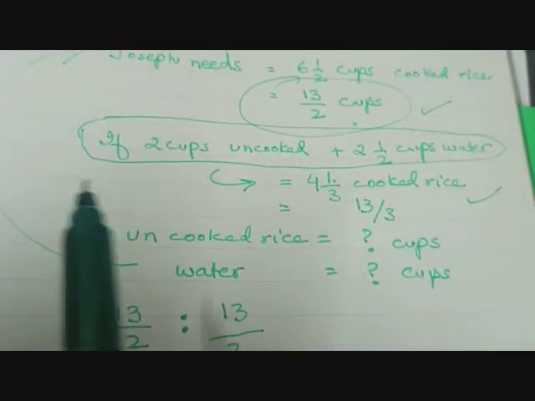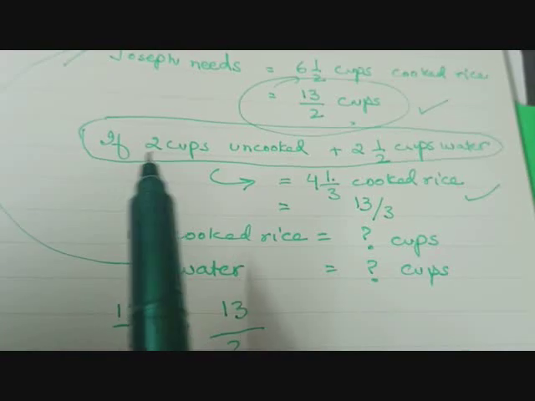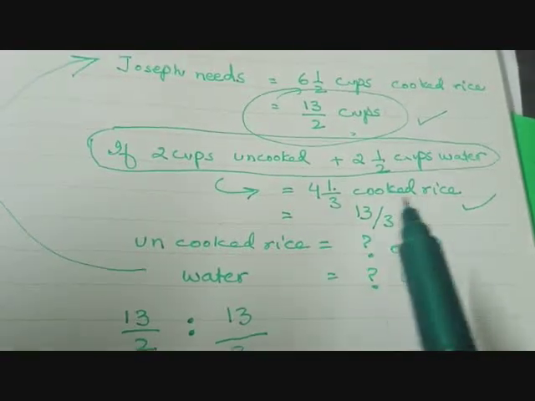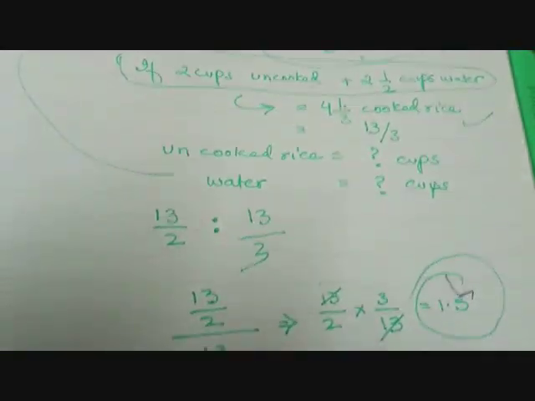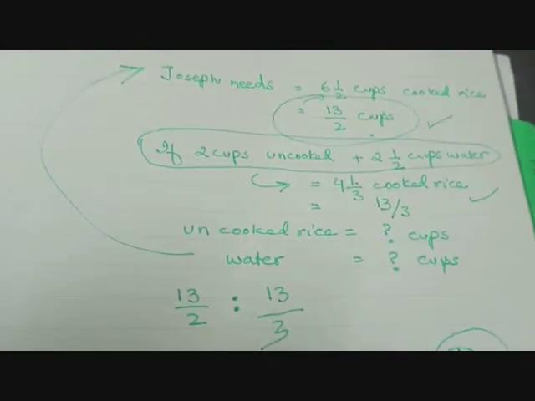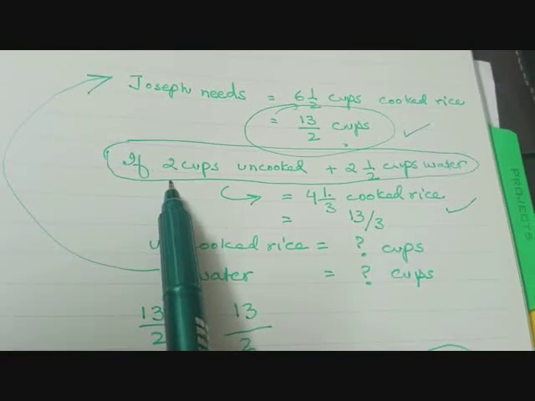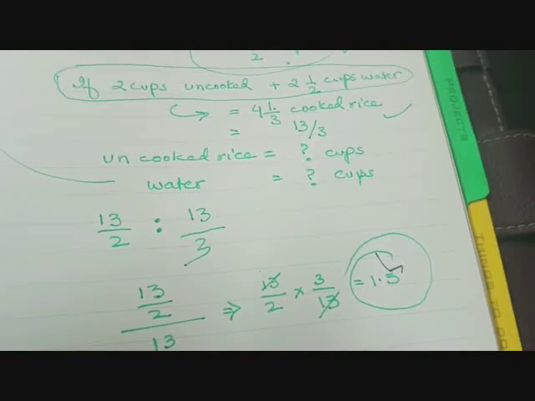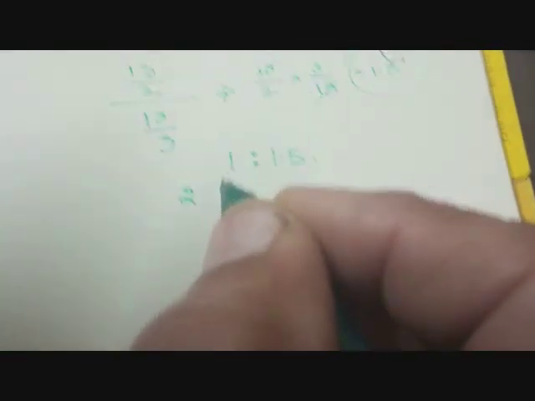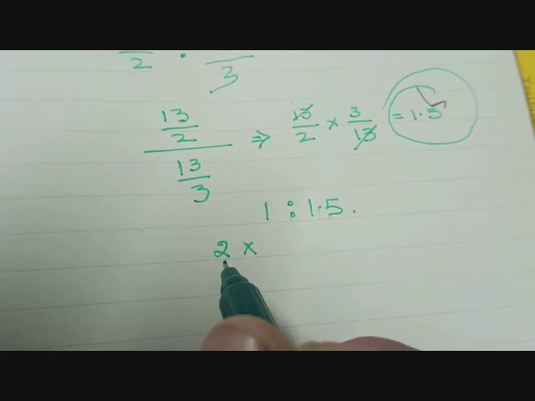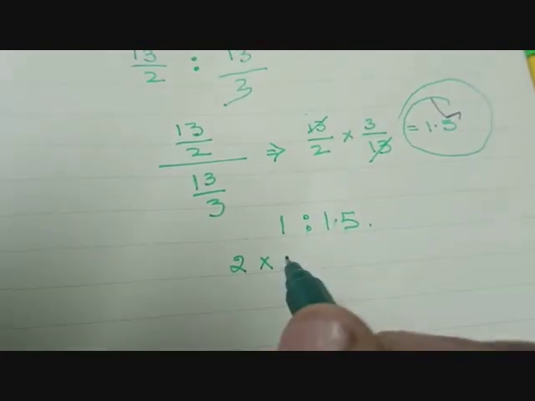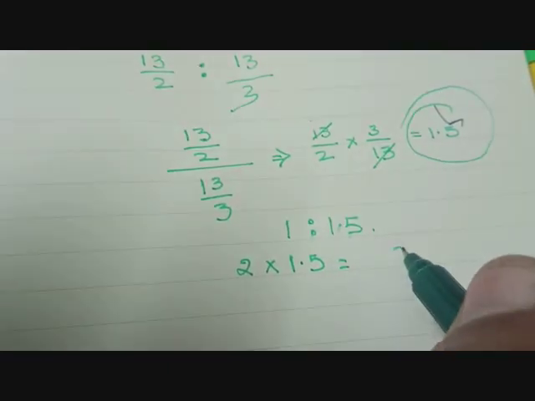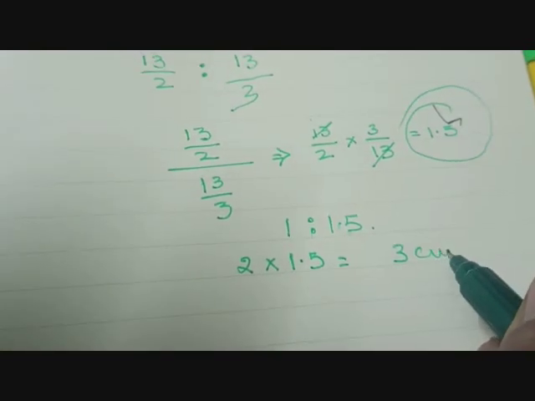The ratio which was given to us was 2 cups of uncooked rice plus 2.5 cups of water. By manipulating the same values, 2 multiplied by 1.5 will give us 3 cups of uncooked rice.